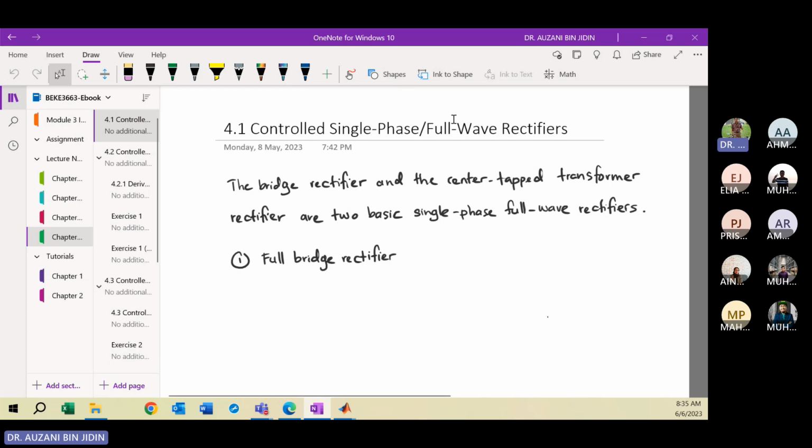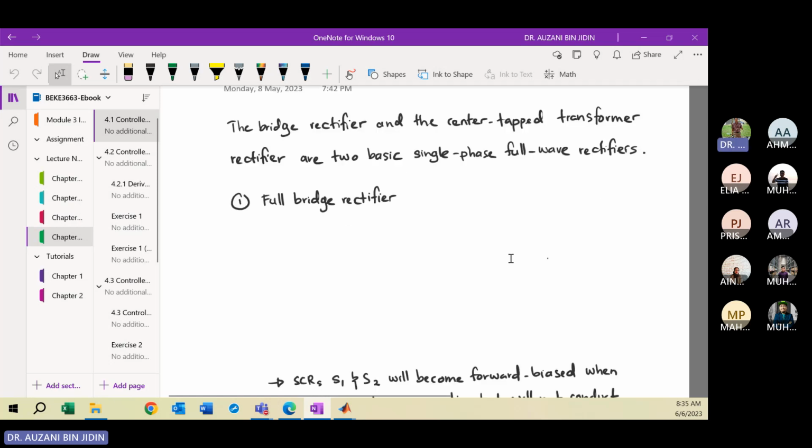Otherwise, if you want to operate the converter as a controlled rectifier, you need to apply the thyristor or SCR. Remember the thyristor SCR has three terminals. For uncontrolled, you must use the diode, where you cannot control the switching operation, and the turn on and off is based on the polarity of voltage and current.